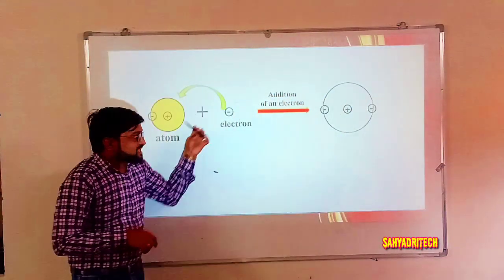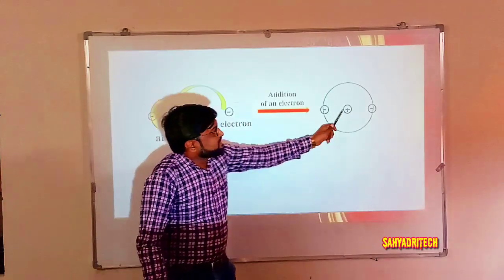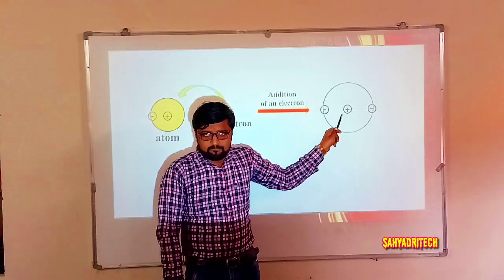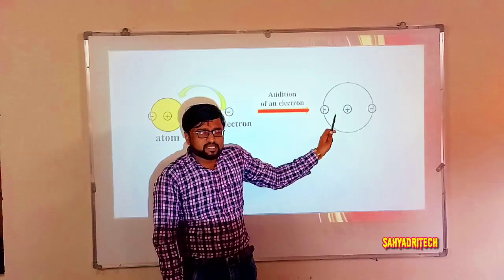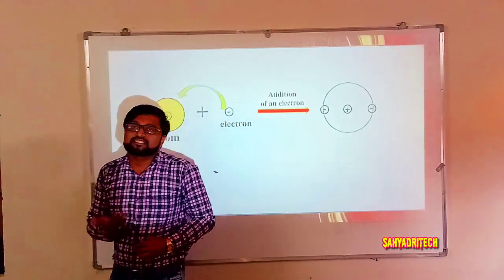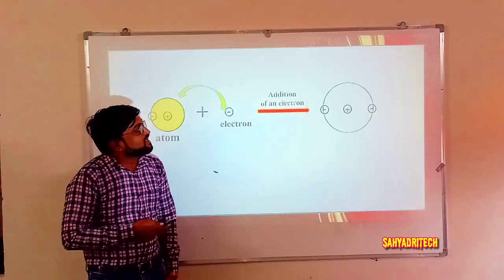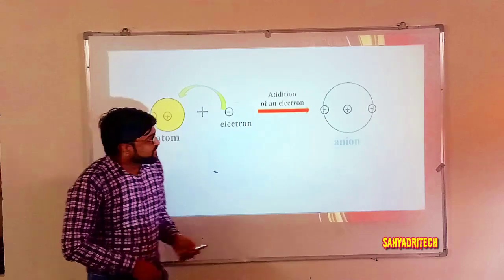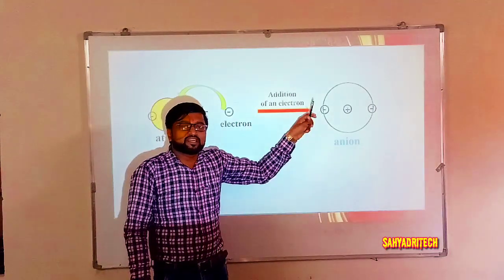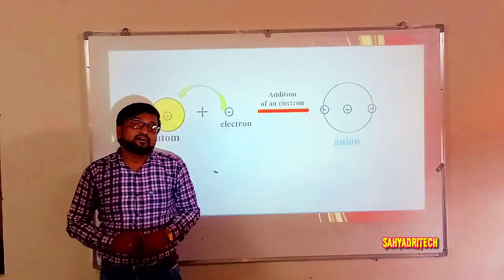By adding an electron, the number of protons remains the same, but what changed? The number of electrons increases. If the number of electrons increases, what is the charge then? It is going to carry a negative charge. So that negatively charged particle is commonly called an anion.